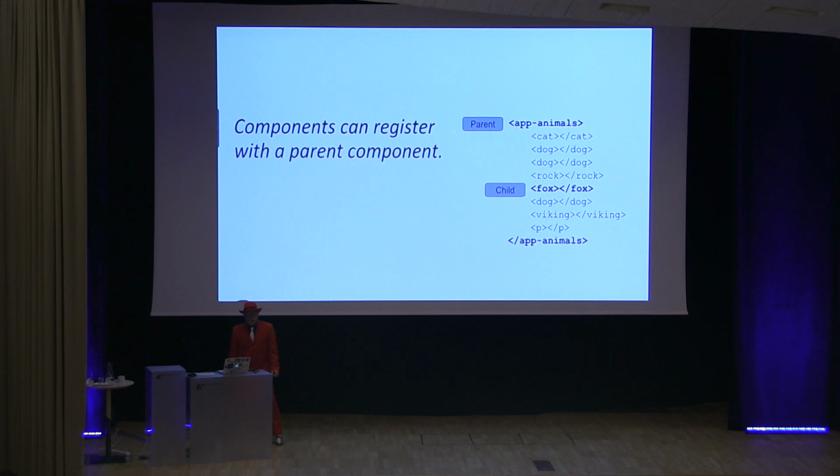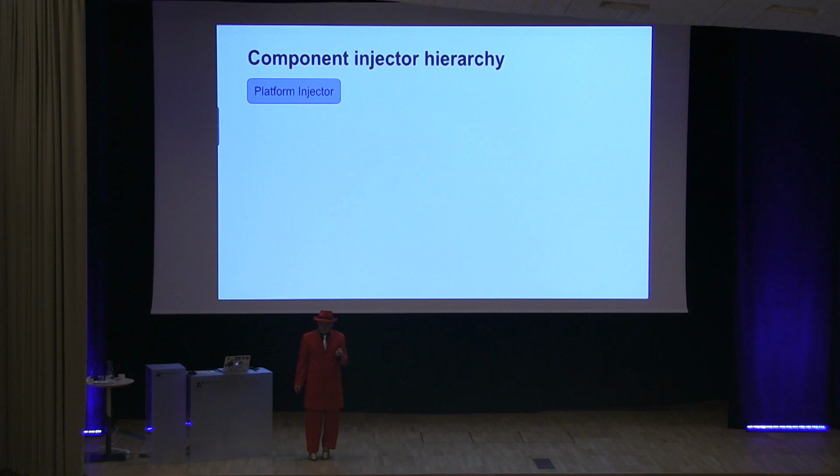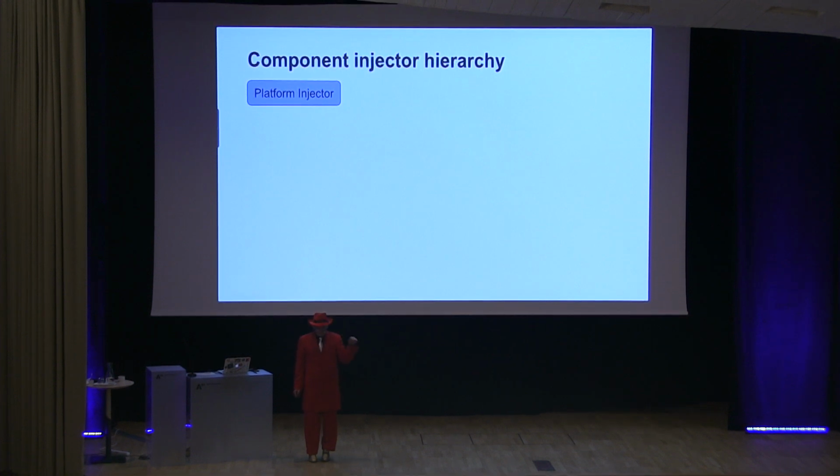So we have this structure. We can see the structure. The outside there is the app animals, the container. So one of the things that people may not know, many of you know, but some of you may not, is that there isn't one injector in Angular. There was one injector in AngularJS, but in fact there is a hierarchy of injectors in Angular.